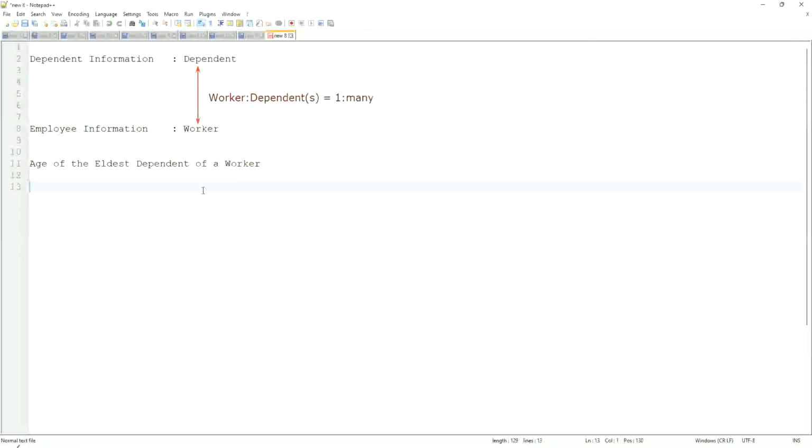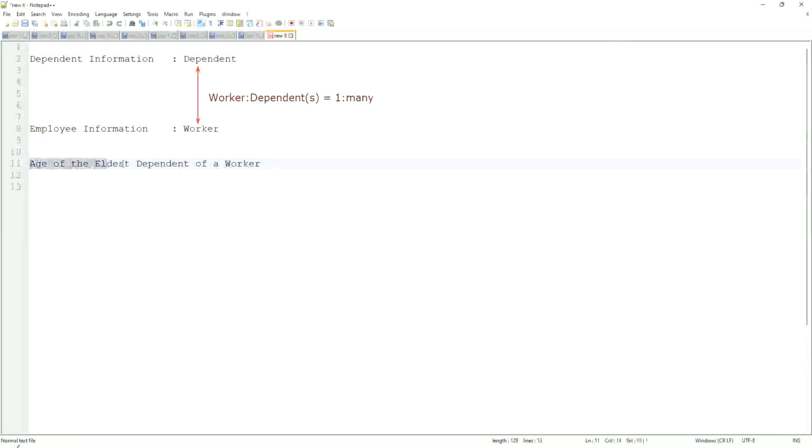Now, how would we do it using a calculated field? Let's break it down first. Age of the eldest dependent of a worker. There are two things to it. One is eldest dependent of a worker.